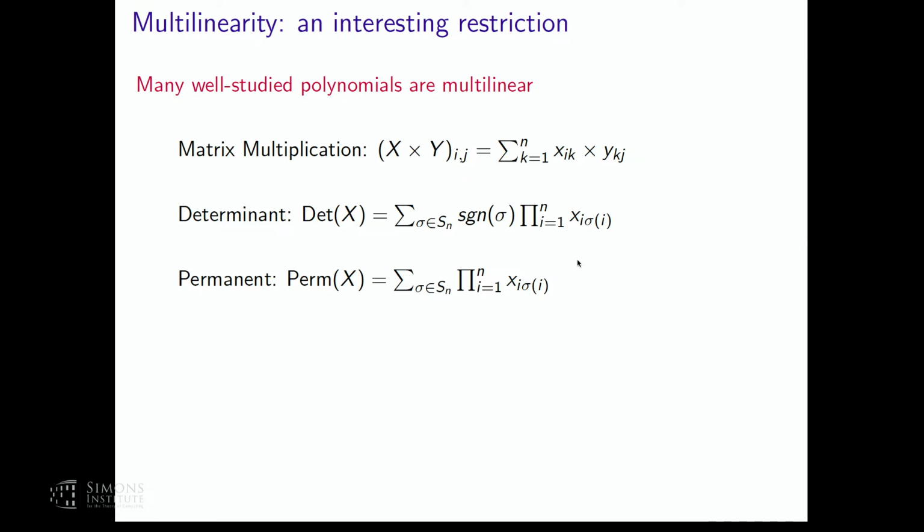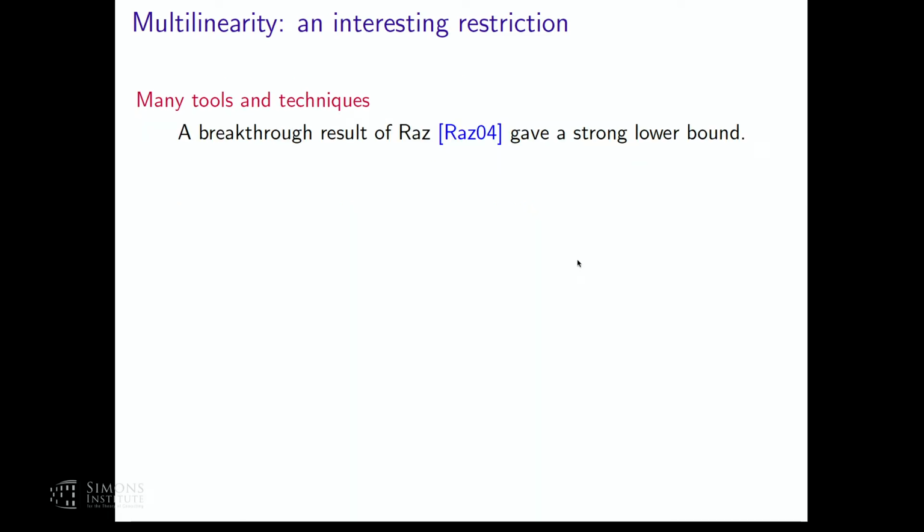I don't have to sell multilinearity in terms of polynomials. As a model of computation too, it has been well studied. It is a restriction, but we know very few things about this restriction as well, which makes it an interesting one. There was a breakthrough result by Raz in 2004, which got many people interested in this restriction.